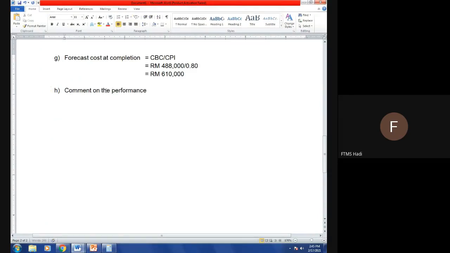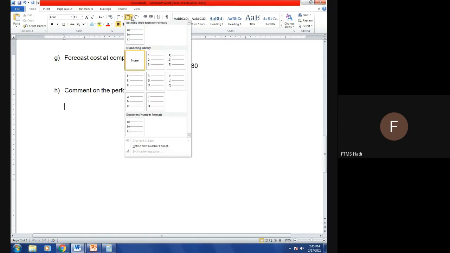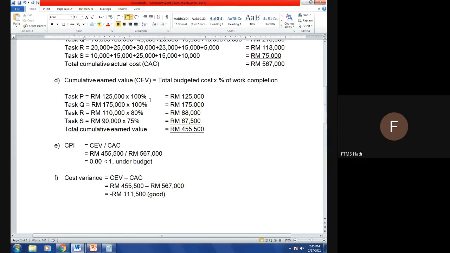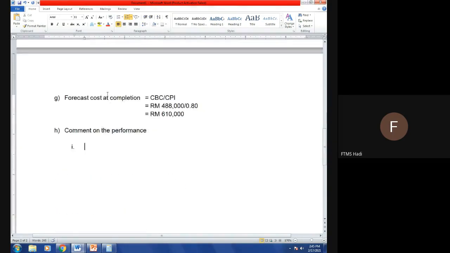The first one, have a look at CPI 0.80, less than 1. So that is the first comment. That means it's acceptable.